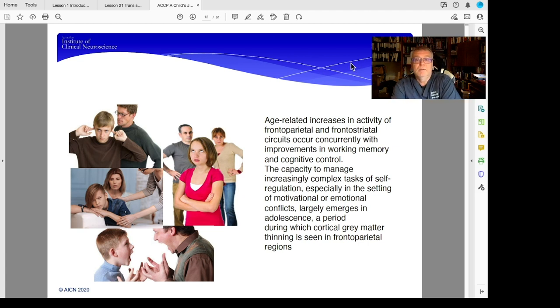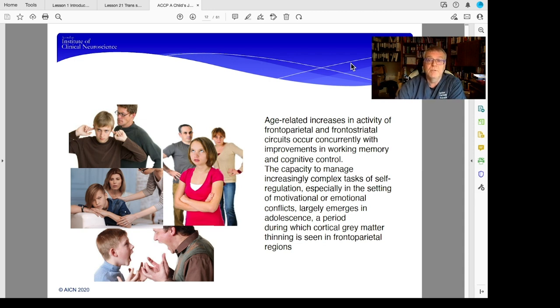Now, age-related activity in the frontal parietal and frontal striatal circuits occurs concurrently with improving working memory and cognitive control in a normal development situation. So the capacity to manage increasingly complex tasks, self-regulation, especially settling motivational or emotional conflicts, largely emerges in adolescence.